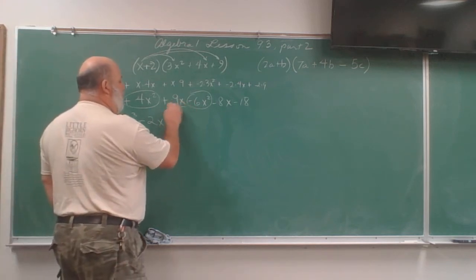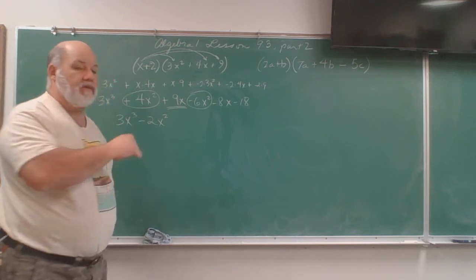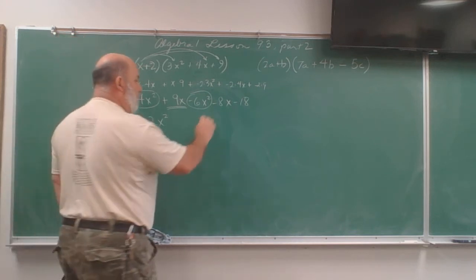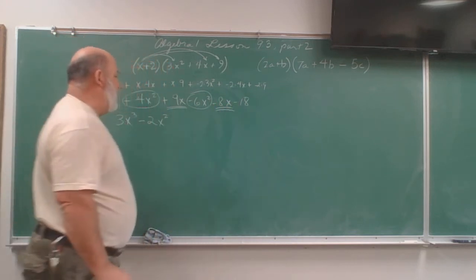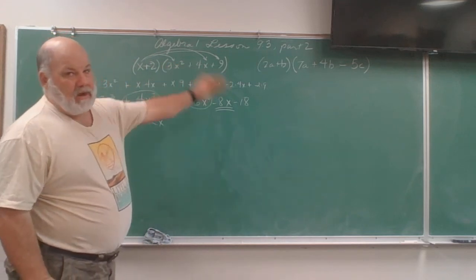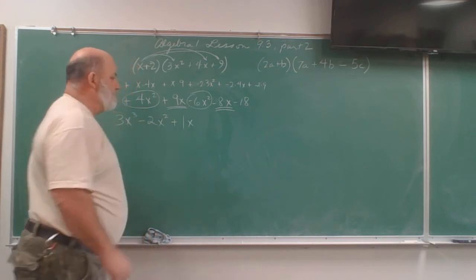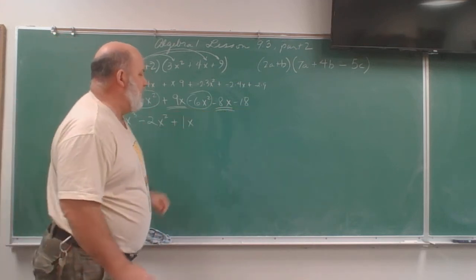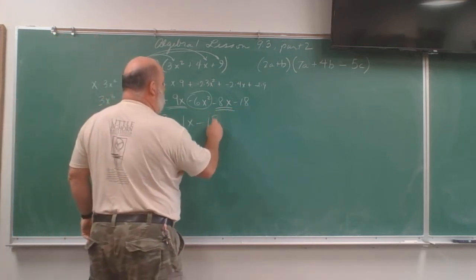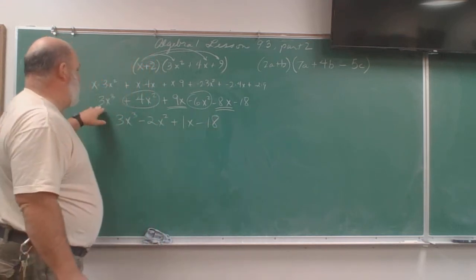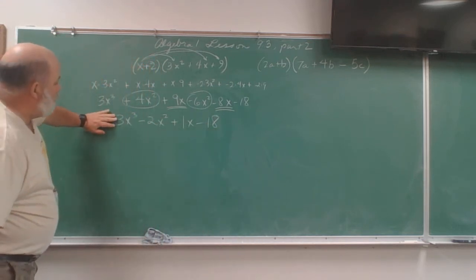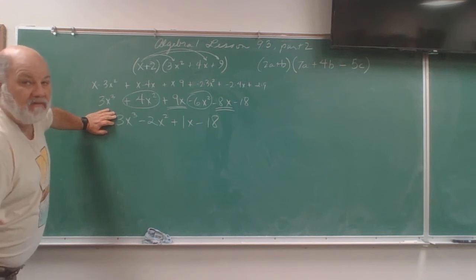Here's a positive 9x. Are there any other just simply x terms? There are. Minus 8x. 9x's minus 8x's gives me just 1x. And then the negative 18, he stands alone. He's flying solo just like the 3x cubed was. Here is your final answer. It cannot be simplified further.